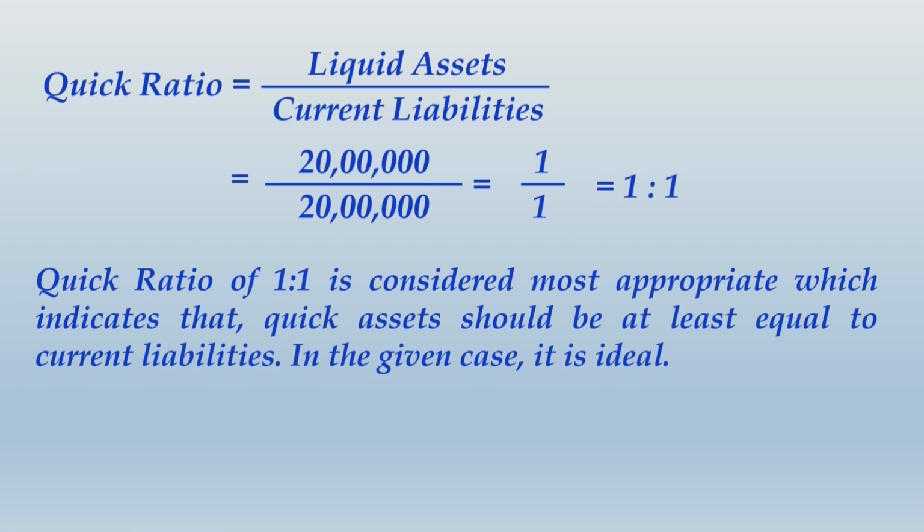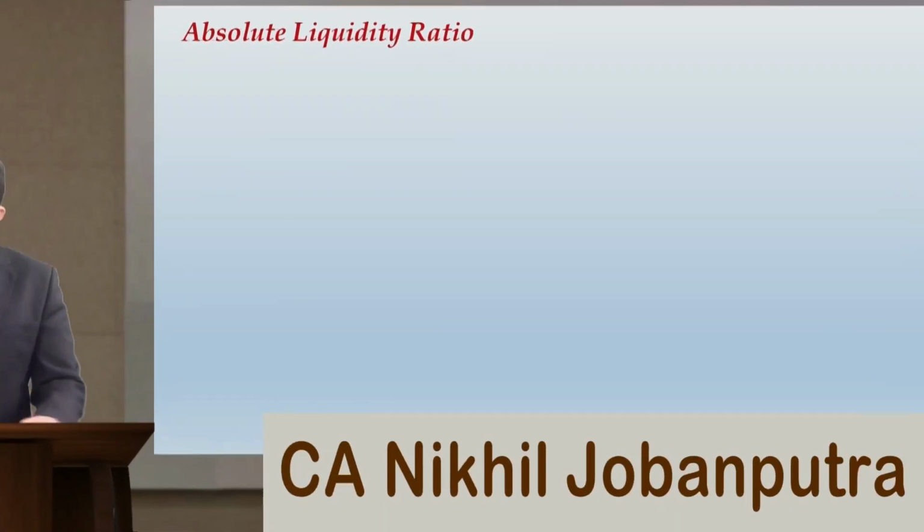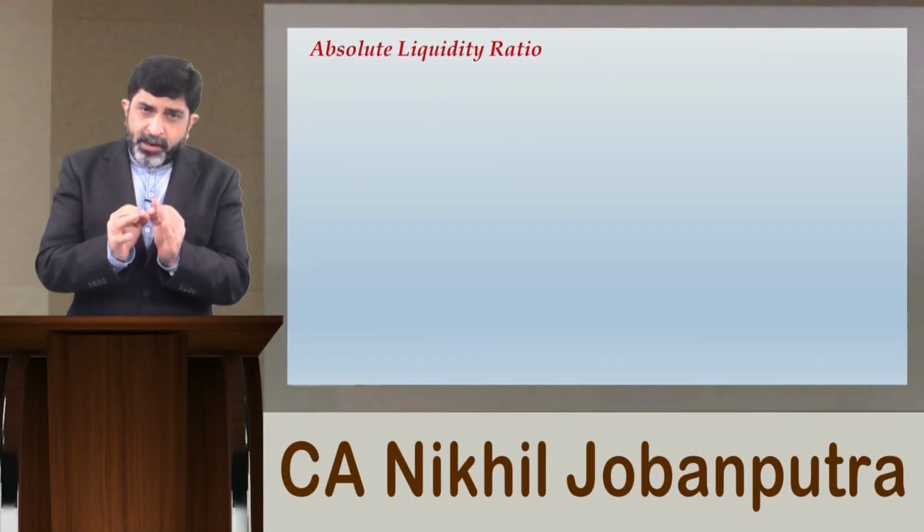Alright friends, let us move ahead and now deal with the next ratio, that is absolute liquidity ratio. Now, what is the meaning of absolute liquidity ratio? Let us observe the meaning of the same. Here we are talking about absolute liquidity.